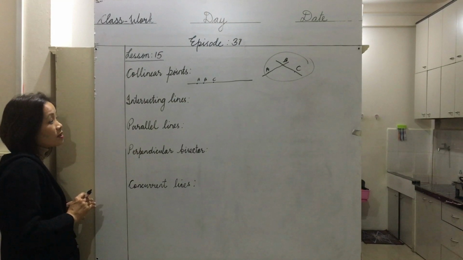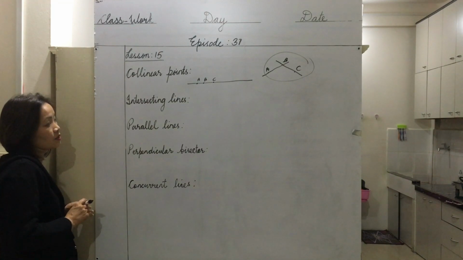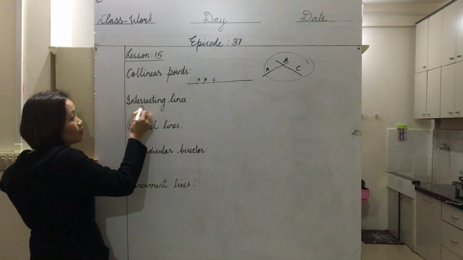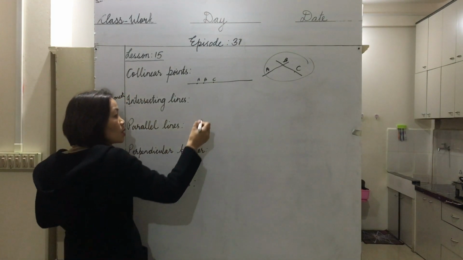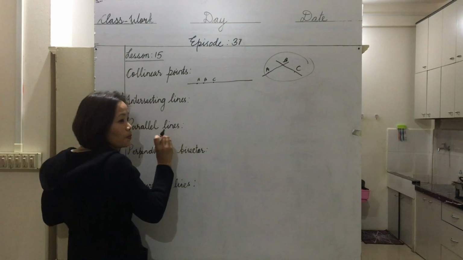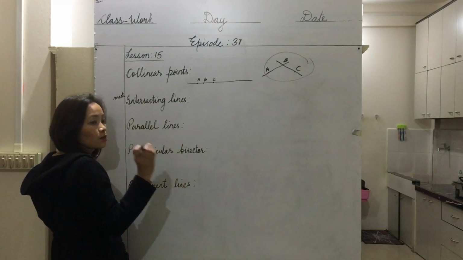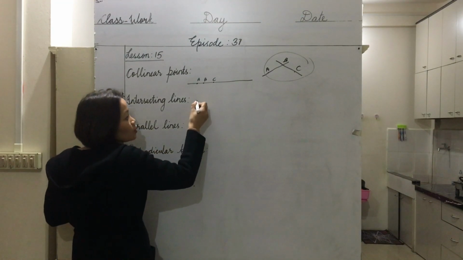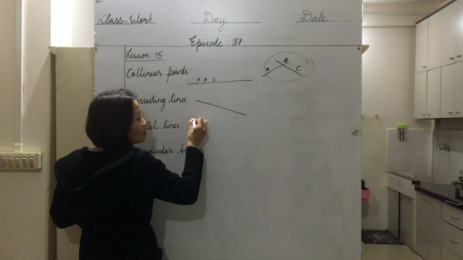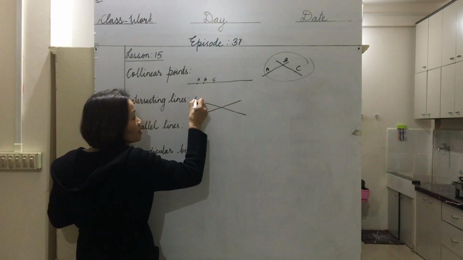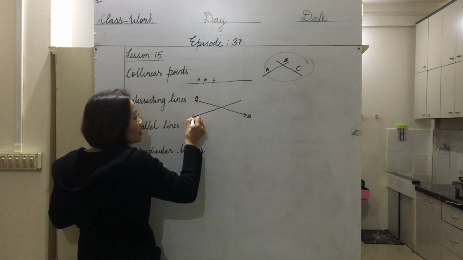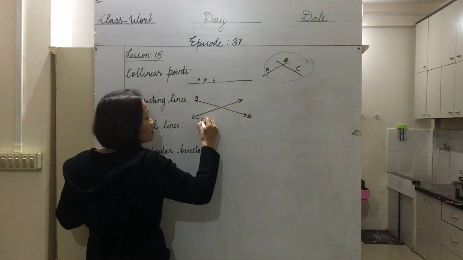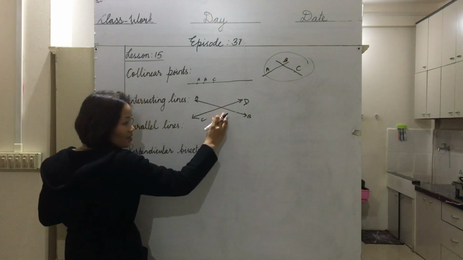Next we have intersecting lines. Intersect means meet, right? So that means when 2 lines meet each other at one point, for example, line AB and line CD, they cross each other, right?